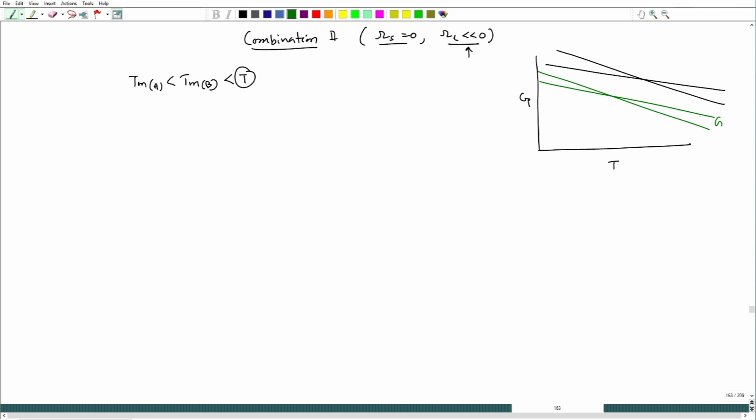This is G A naught solid, this is G A naught liquid, this is G B naught solid, this is G B naught liquid. So, this temperature is TMB and this temperature is TMA. Now, I am considering a temperature here. Okay. This is the temperature we are considering.